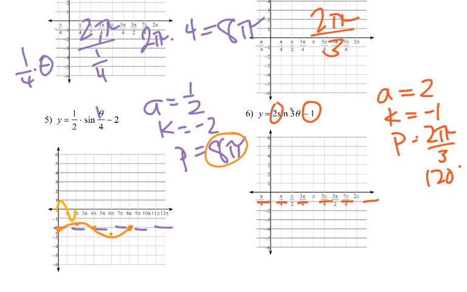Then for sine, we start on the midline and the y-axis. And we also end at that, and so we're right about here. Okay. Then in between that, we're still on the midline. Then in between the first two, we go up to an amplitude of 2, so about here. And between the middle and the last, we go down about 2, so about there. So it looks like that.